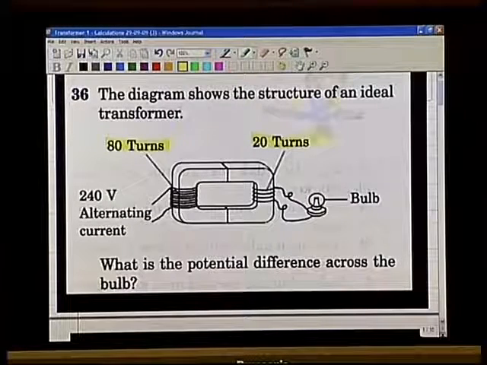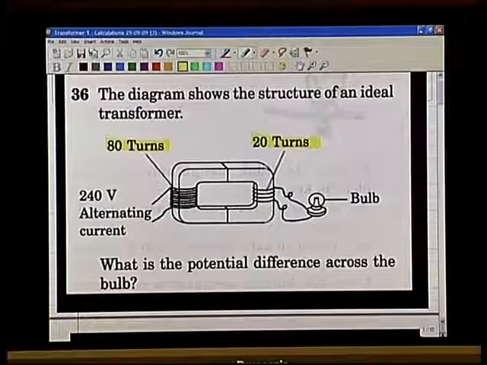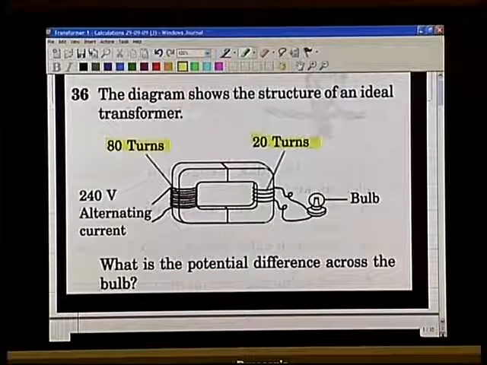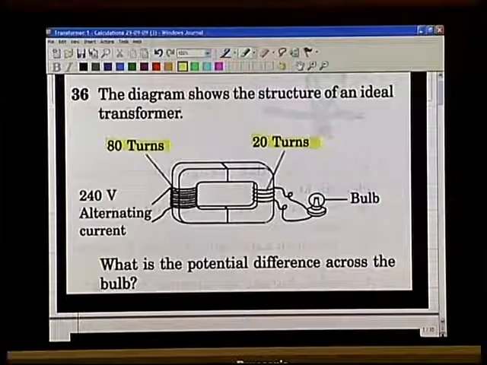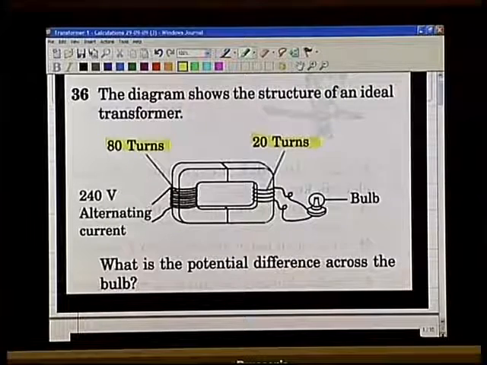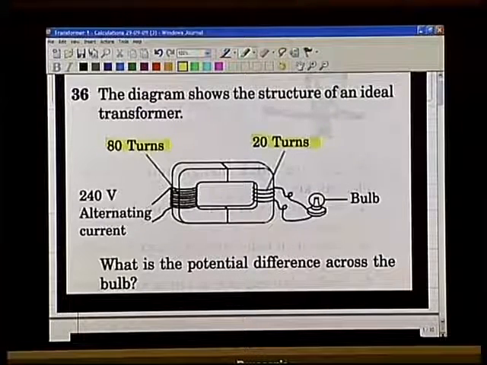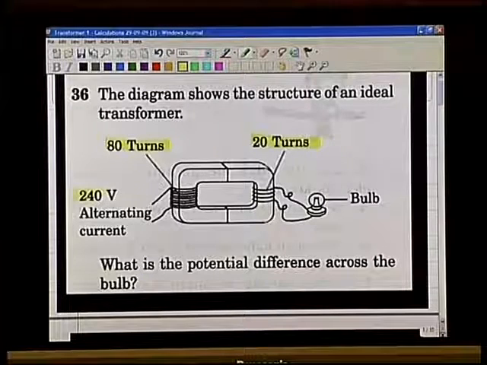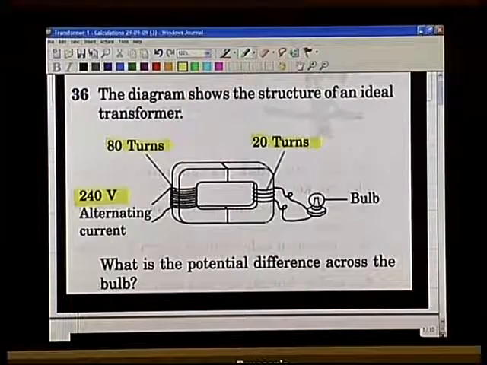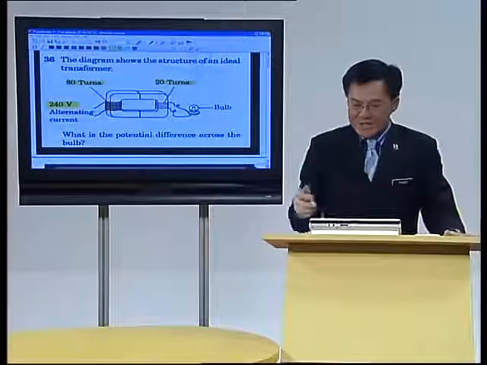Alright, so it goes down. So it is a step-down transformer. With a step-down transformer, what you can do is just make a simple sketch. And this is 240 volts alternating current in the primary coil. Alright, now let us do the sketch.